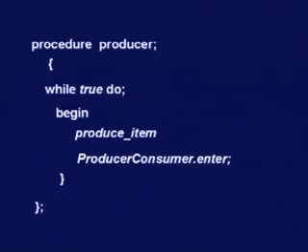Now the process producer will look like this. We simply say while true, do begin, produce item, and producer consumer dot enter. That means call the procedure enter. That is all that the programmer has to do: write a loop in which the producer produces the item and calls the monitor procedure enter, that means producer consumer dot enter.